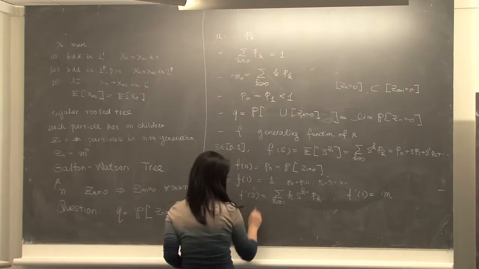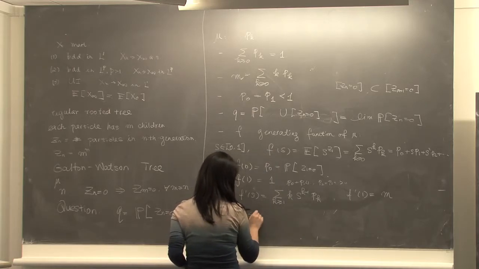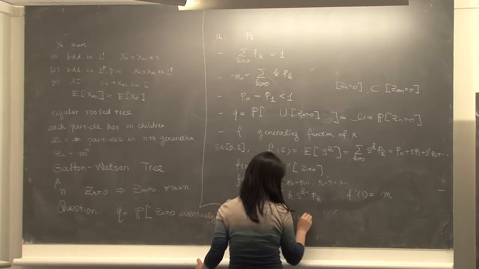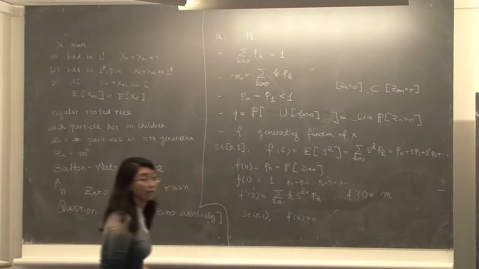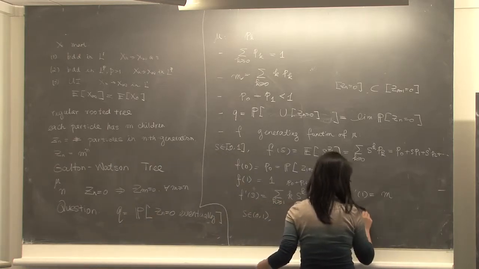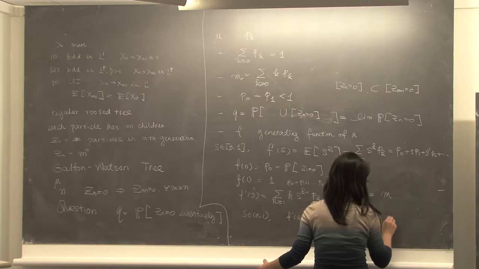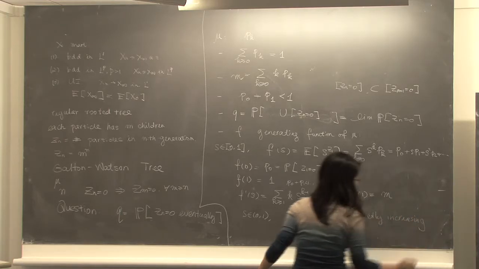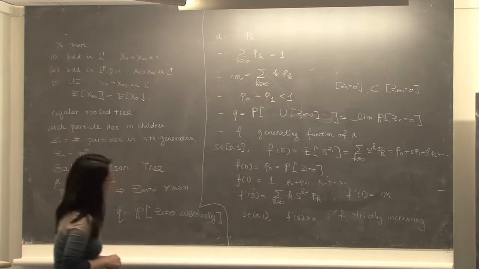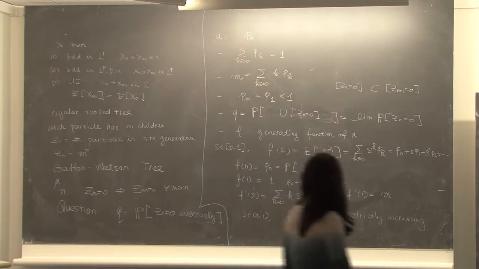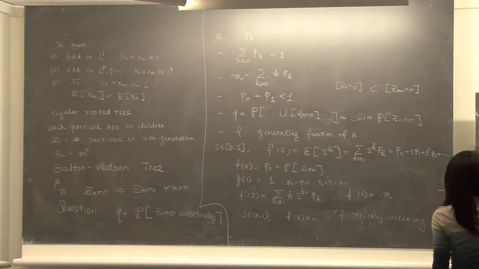So we also know that for s between 0 and 1, the derivative is strictly positive. So f is strictly increasing. Okay, so this is the derivative of f. And then we take the second derivative.